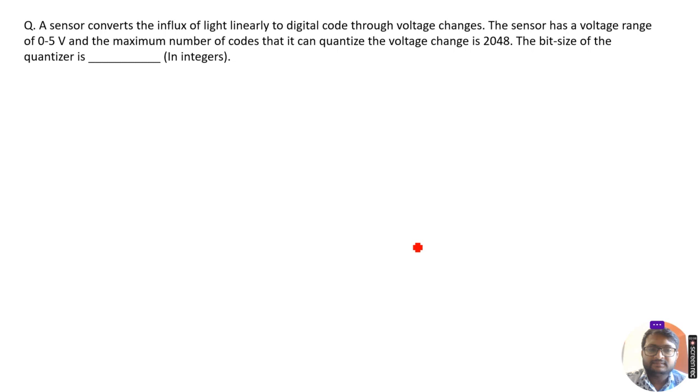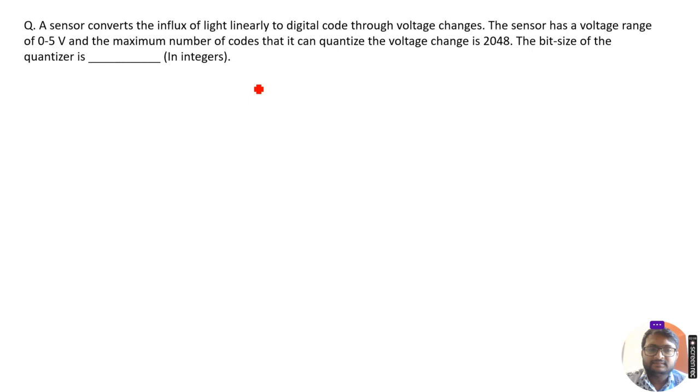So what is the bit size of the quantizer? They have used some difficult words, but what you have to focus on is that we have to show the intensity change up to 2048.